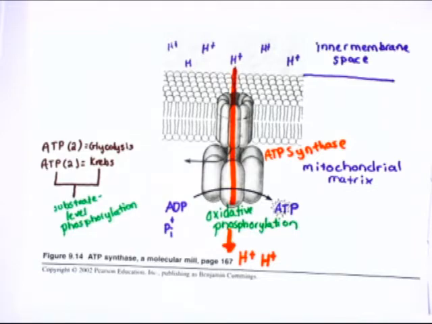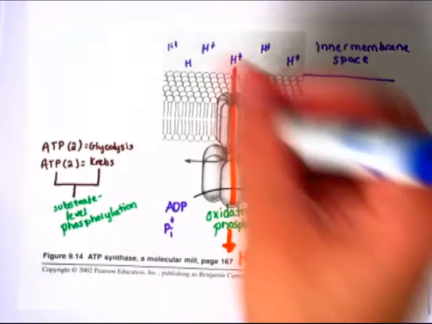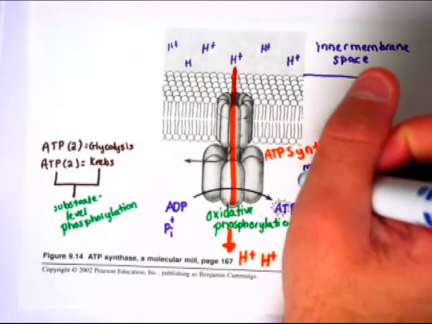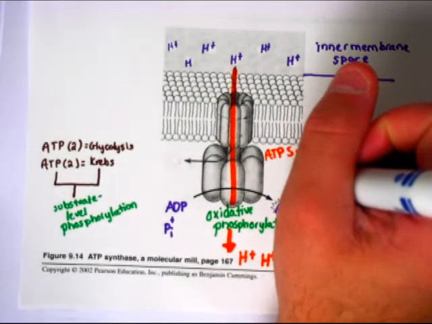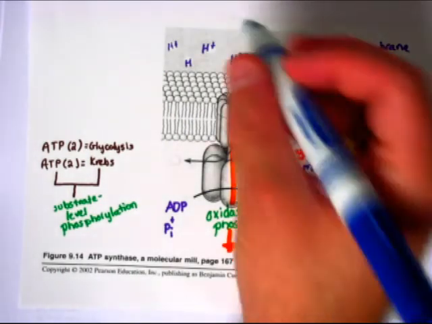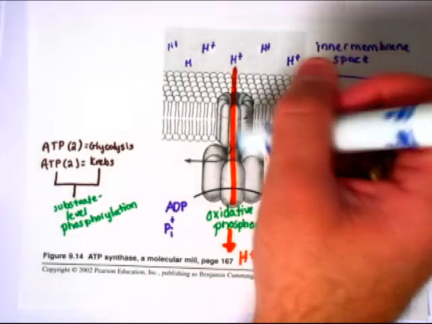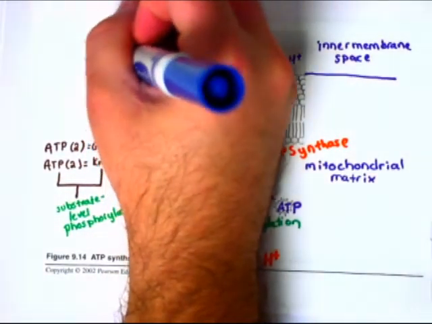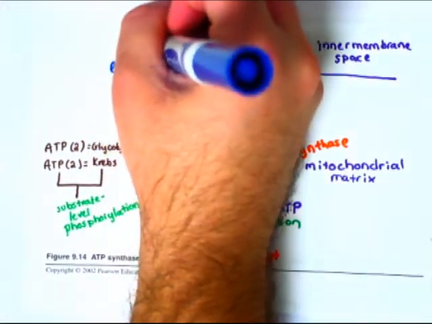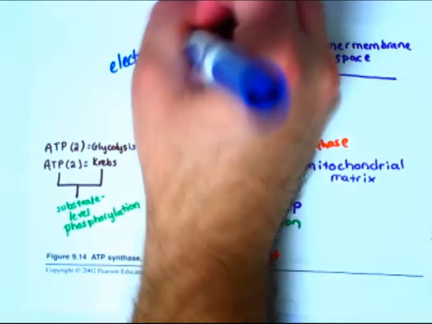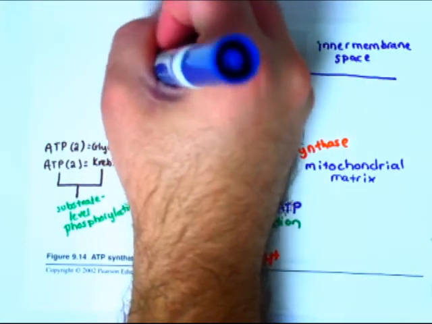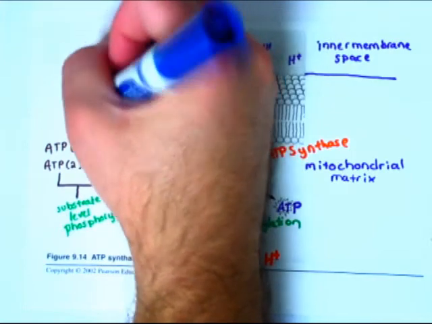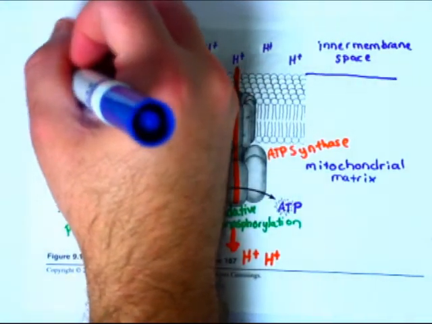Like down the gradient? Yeah, you're going down the gradient. What would be the name of this type of gradient? It's a chemical gradient because of the H's, right? And because of the unequal distribution of the positive charge, it's electrical. So this is an electrochemical gradient. You could also call it a proton gradient.